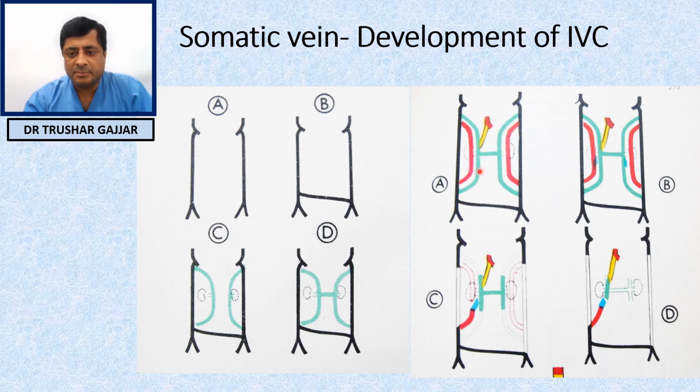They have communication in between. Slowly and progressively, these cardinal veins, subcardinal and supracardinal vein, portion remains and remaining thing disappears. These subcardinal veins join with the hepatic sinusoids, where it forms ultimately the inferior vena cava.